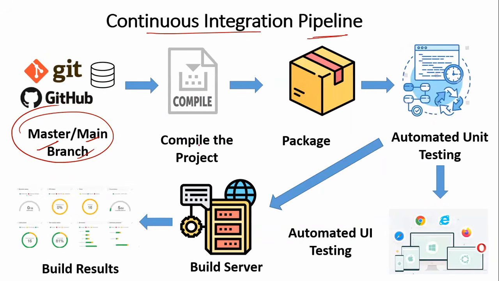What they will do is bring something called a build server. They create one server. After this, when they compile the project, they will create a WAR or JAR file, and this project will be automatically tested. It is not done by the QA team, it is done by the dev team itself using some JUnit framework.